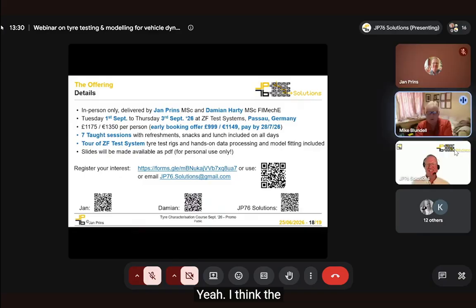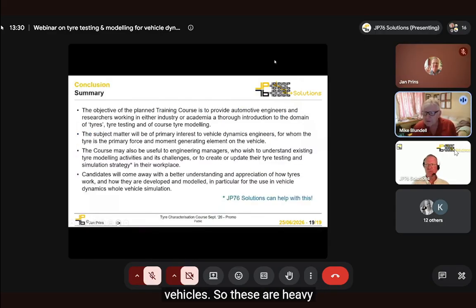The only thing I can share with you, it's different, but it is a dual application like that. I've just finished some work with a company in Switzerland that make road rail vehicles. These are heavy vehicles like construction equipment, diggers and things like that, used for construction work on the rail system in the Swiss Alps.